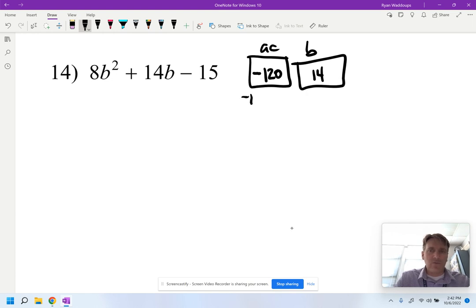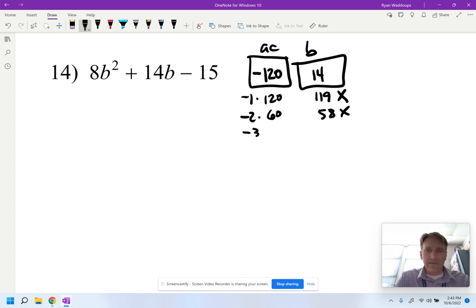So I'm going to put negative 1 times positive 120 is negative 120, and that'd give us 119, which is not it, but the sign is correct. We're just going to leave the positive on the larger of the two absolute values. So negative 2 times 60, and that's 58. Not it.